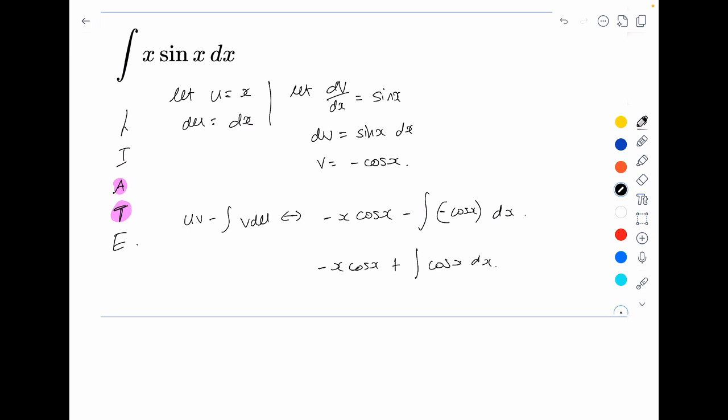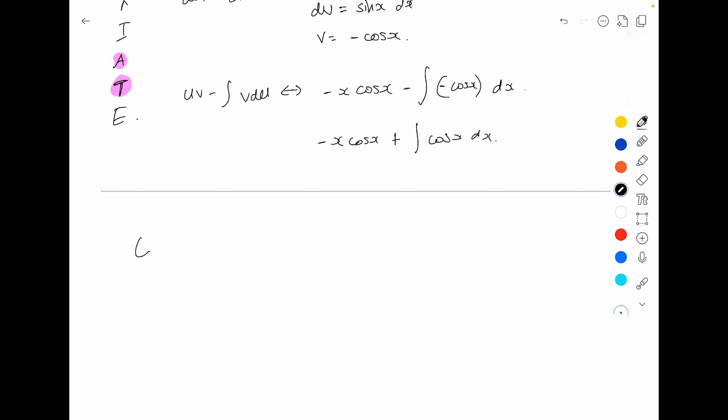So as you can see, things have simplified a lot, and therefore from here we get negative x cos x plus sine x plus c. Actually no, sorry, plus sine x plus c. Okay, and that's going to be the final answer to that question.